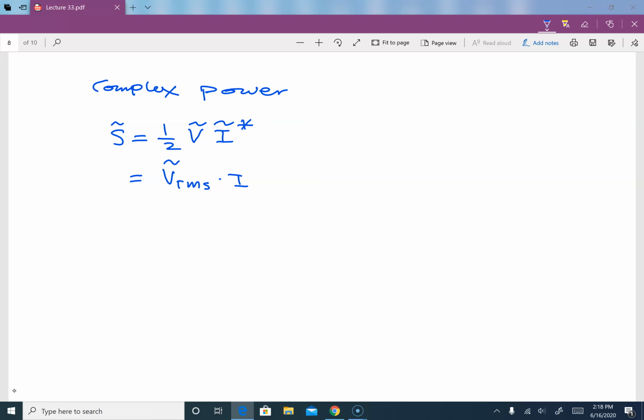So our complex power can be expressed as S is equal to 1/2 V I conjugate, that is equal to the phasor VRMS times the conjugate of the RMS current, or we can say that is equal to P plus or minus jQ.